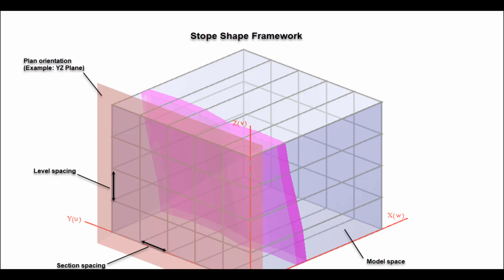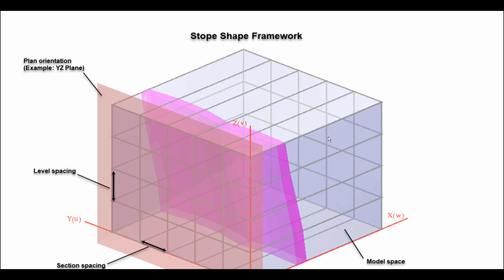In the world of underground, of course, we would be looking at a vertical plane orientation. It's shown here in red, and the squares, as defined by section and level spacing, would be the maximum size of the stope panel in this particular case. The blue area is just showing the model space for the stope shape framework.